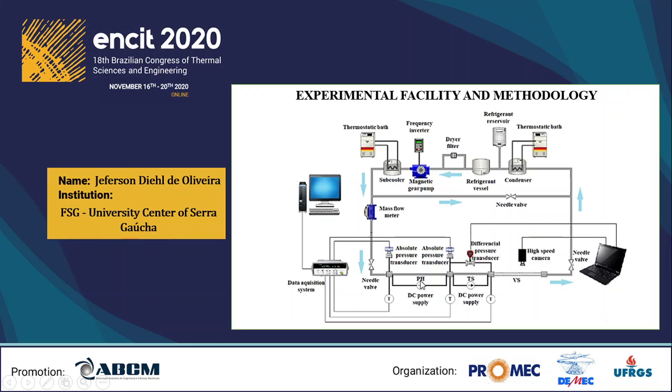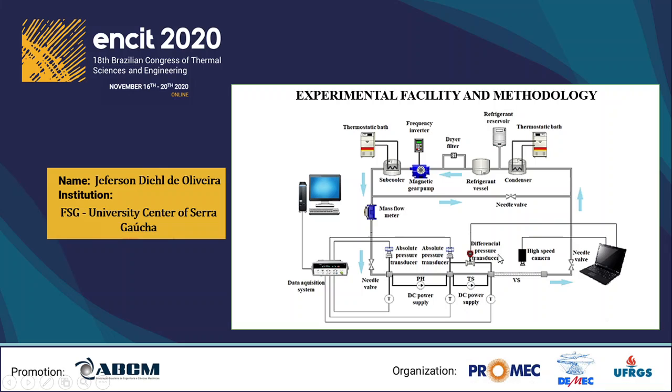It consists of a horizontal stainless steel tube with 1 millimeter internal diameter, a total length of 515 millimeters, and a heated length of 440 millimeters. This tube is uniformly heated by Joule effect, and the intensity is controlled by a power supply.